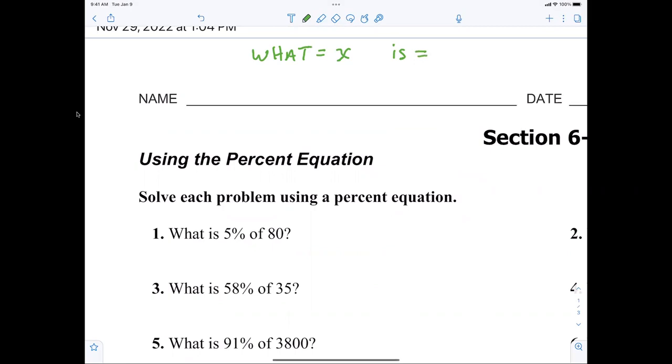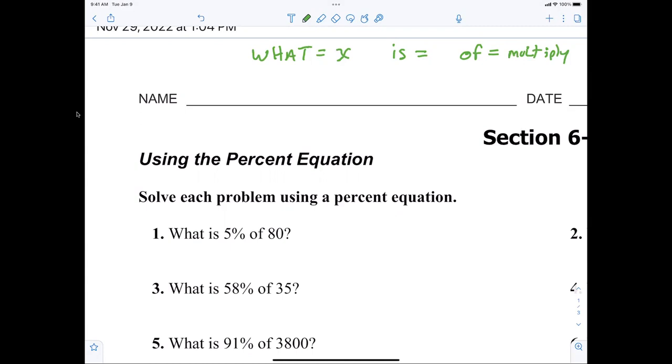Equals. Is always equals. And of is always what? Multiply. It means multiply. It's really a straightforward translation.